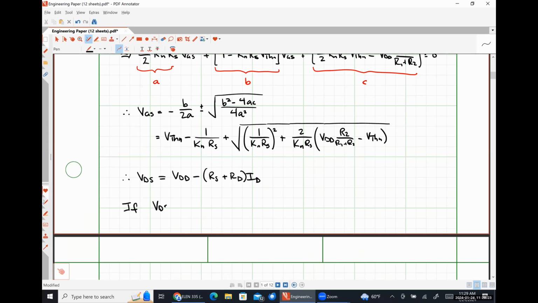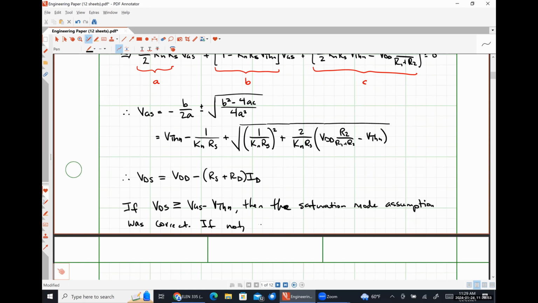If VDS is greater than or equal to VGS minus VTHN, then the saturation mode assumption was correct.